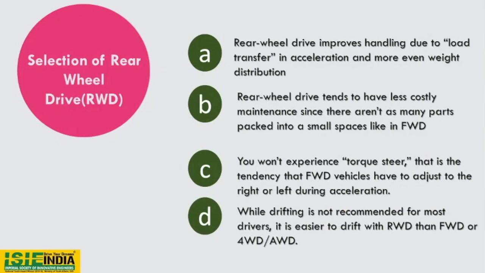If we have a look at its working under dry conditions, rear wheel drive improves handling due to load transfer, especially in the case of acceleration, and it also has even weight distribution because we have our engine at the front and our transmission power transfer components at the rear.